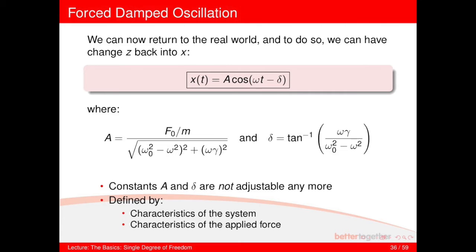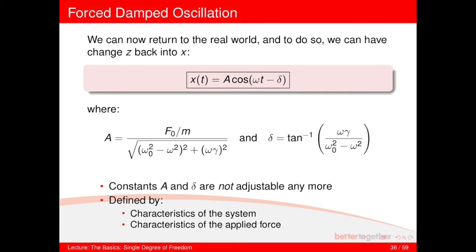And gamma, which is C upon M, and you know what C is because that's a characteristic of the system. A is completely reliant on the system. And the same thing with delta. Delta's just got omegas and gammas in, and you know all those things. They're related to the system and the force you're applying to the system. So they are no longer adjustable.